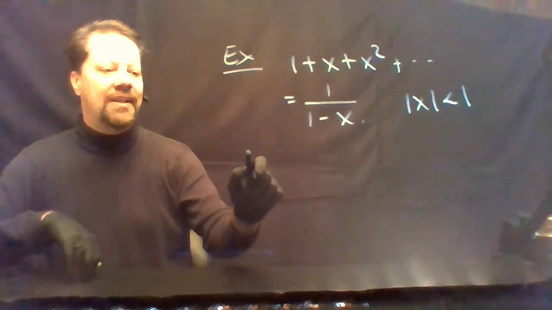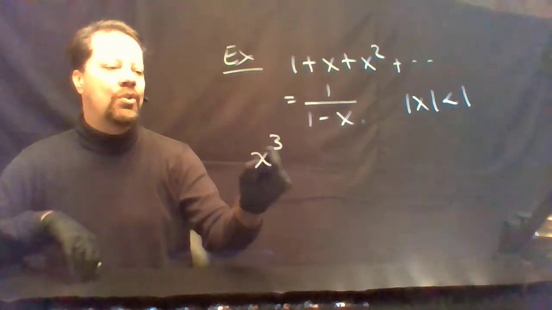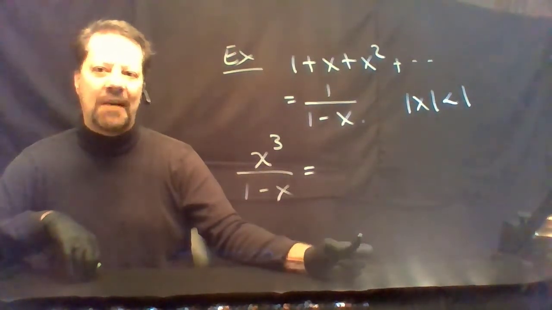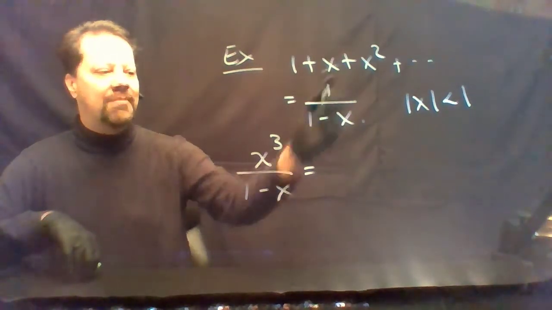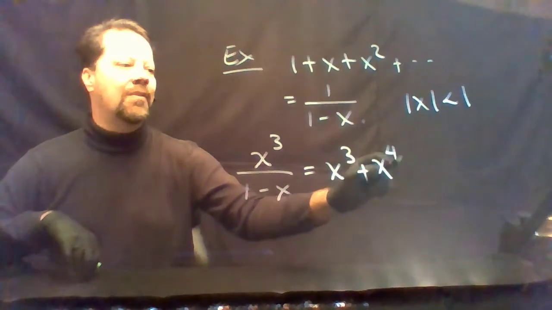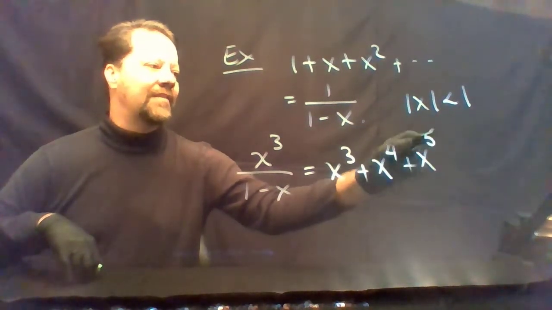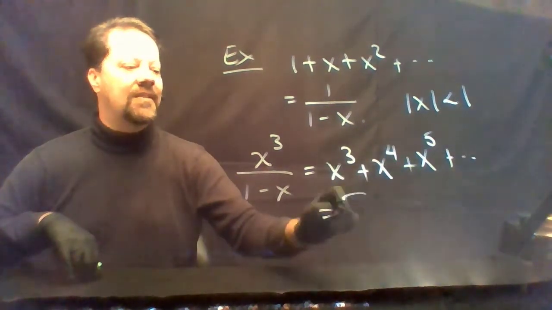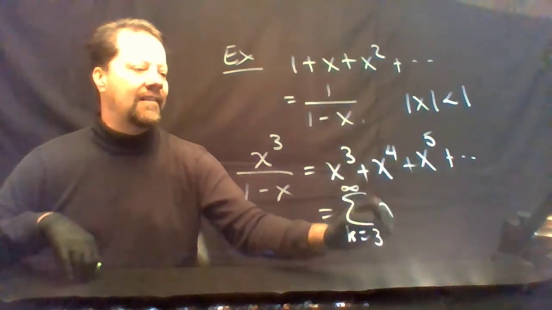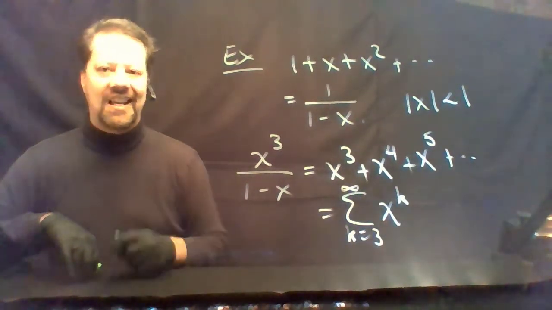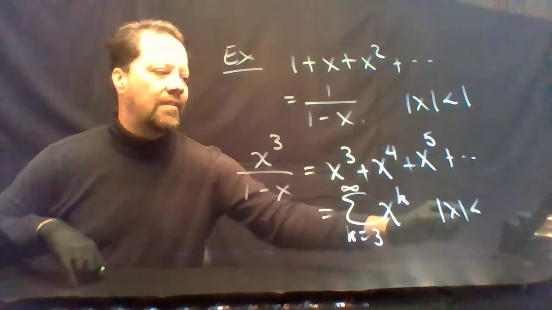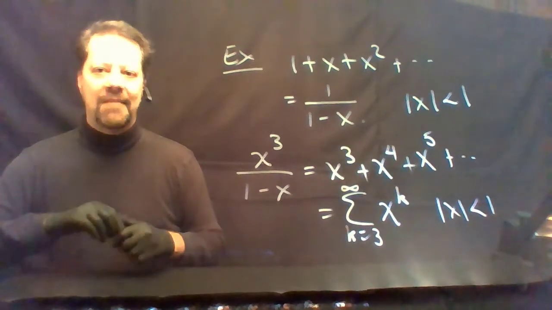It follows then, if we need x cubed over 1 minus x, a power series representation may be given by x cubed plus x to the fourth plus x to the fifth, and so on, the sum as k goes from 3 to infinity of x to the k. And this will also converge on the same interval.